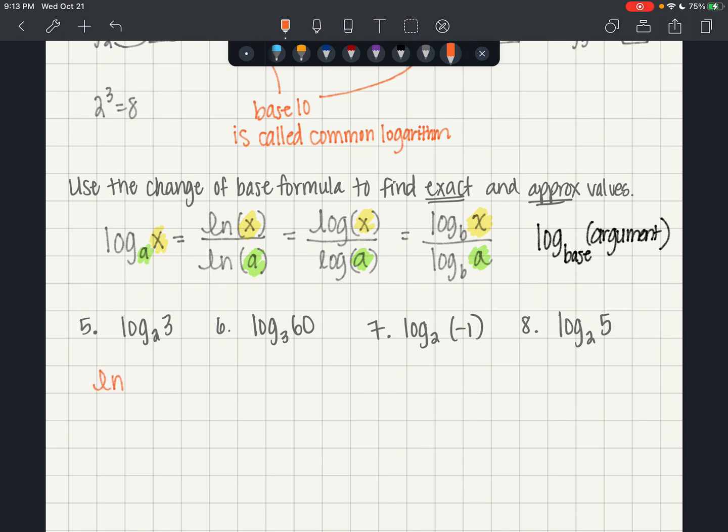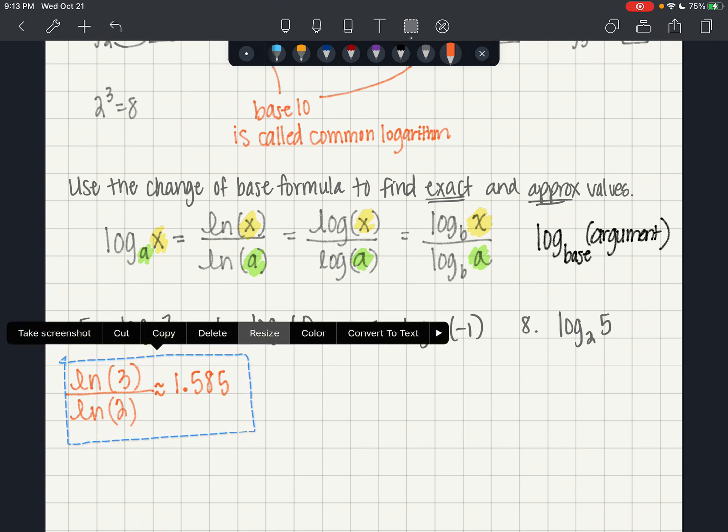So this would be the same thing as natural log of 3 divided by natural log of 2. Now it's not the natural log of 3 halves, it's the natural log of 3, which is some number, divided by the natural log of 2. And that value is approximately, what did you get? I got 1.585. So check to make sure that you can get that in your calculator.